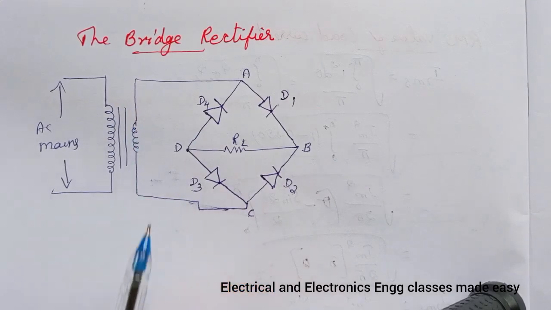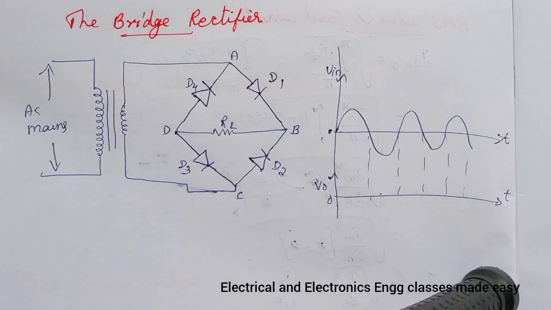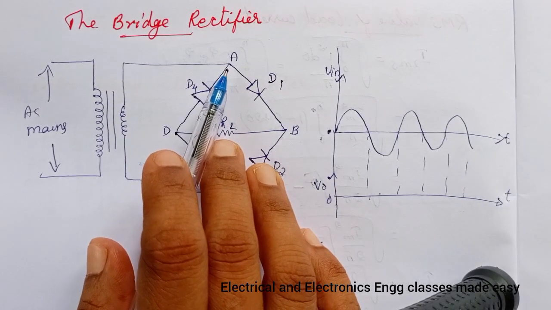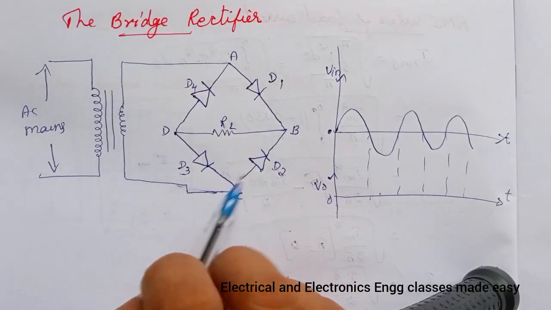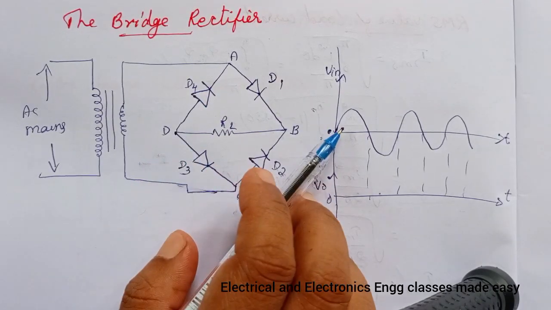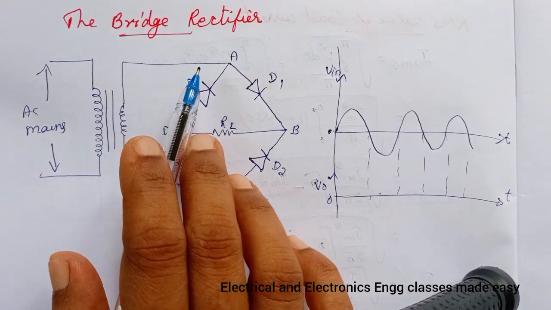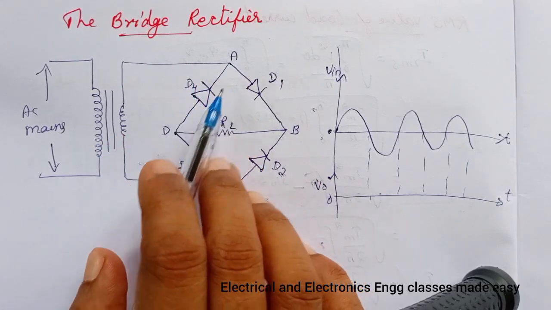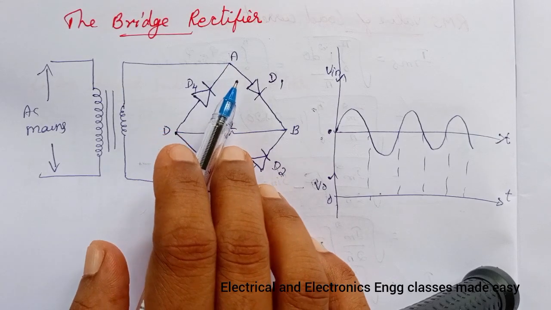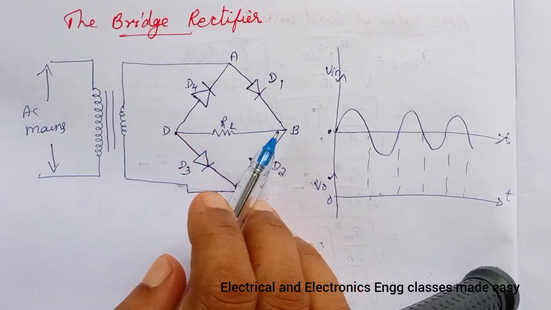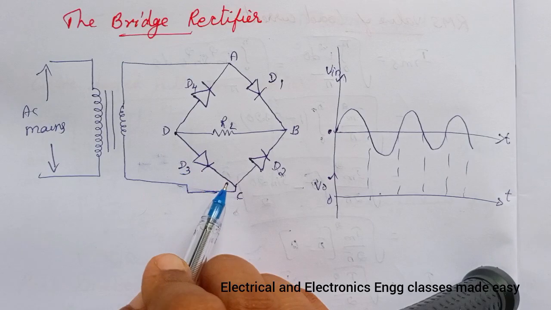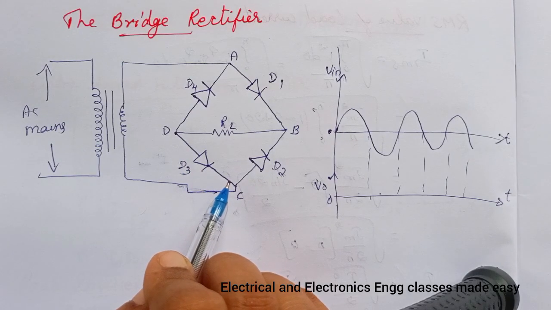During the positive half cycle, the terminal A is positive with respect to C, and the diodes D1 and D3 will be forward biased.